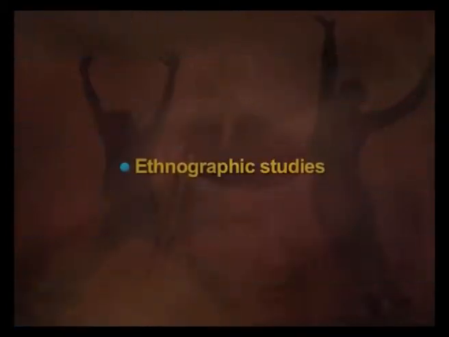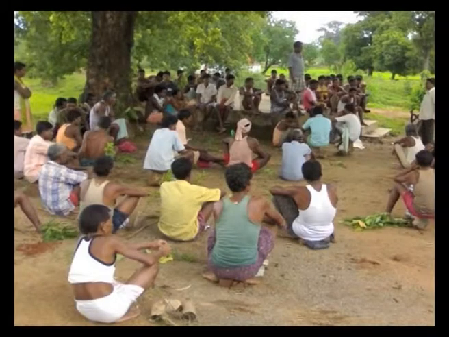The second type of research design is the ethnographic study. An ethnographic study seeks to describe the pattern of relationships, customs, beliefs, and traditions that make up a society's way of life. An example may be the exploration of how tribal communities build a society and develop their culture in remote forest areas.